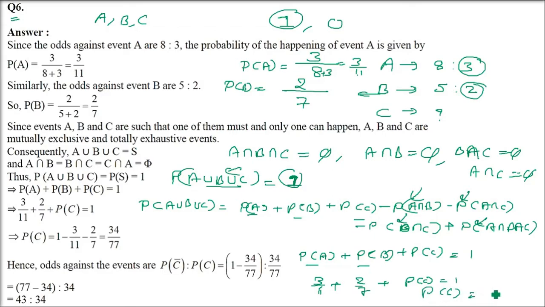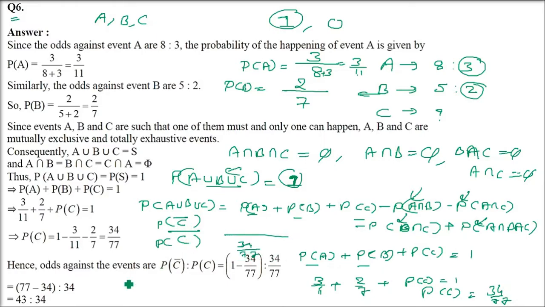Now PC will be 34 by 77. Now this is PC, but odds against C is the probability of C not happening divided by the probability of C. This is the odds against.